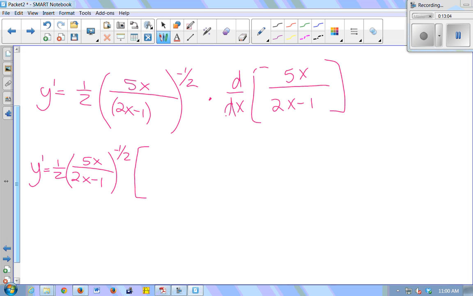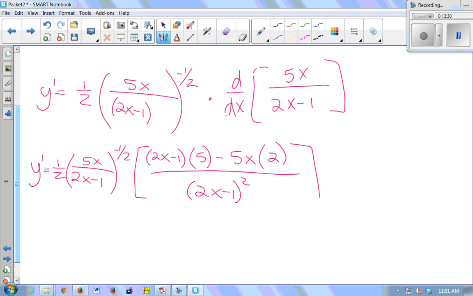So the quotient rule is denominator times the derivative of the numerator minus the numerator times the derivative of the denominator all over the denominator squared. So I've got to start with denominator, 2x minus 1, times the derivative of the numerator, what's that? 5, minus the numerator, times the derivative of the denominator, which is 2, all over the denominator, 2x minus 1 squared.